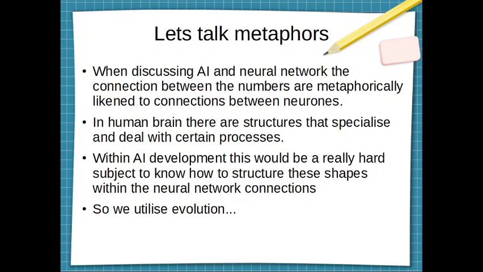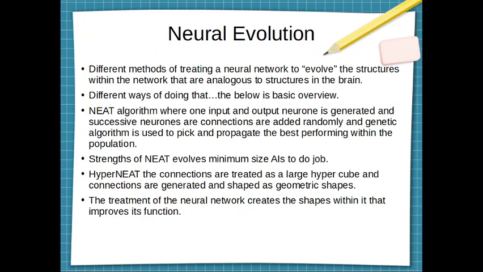And the idea here becomes by evolving not just other details about the neural network, but specific connections and structures and methods of connecting up the different neurons together, you get a better AI.